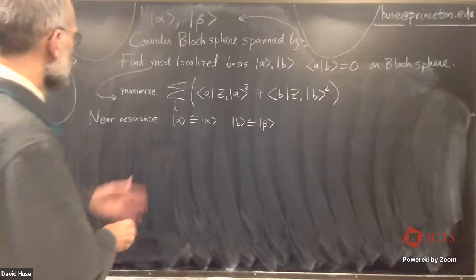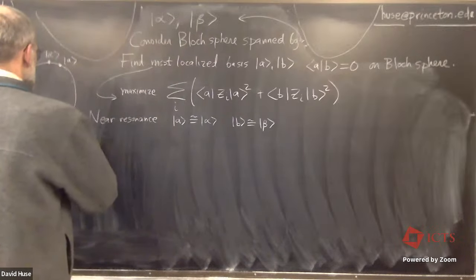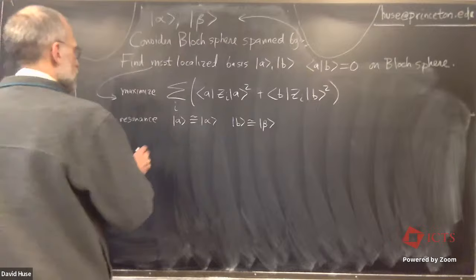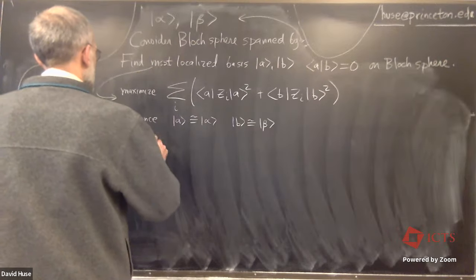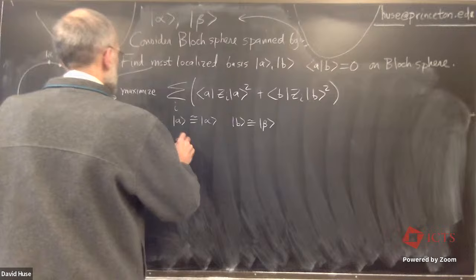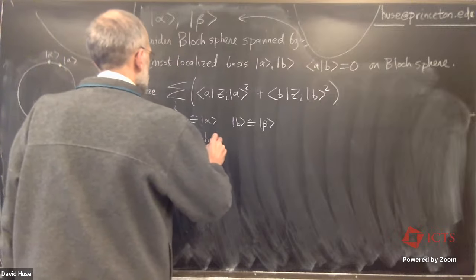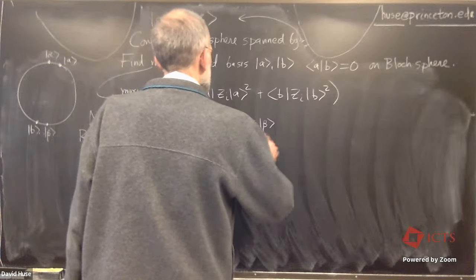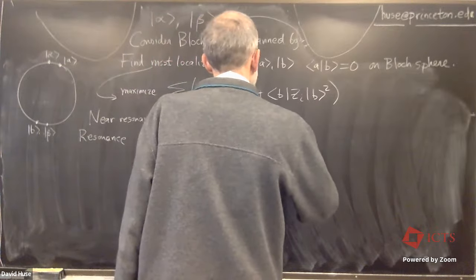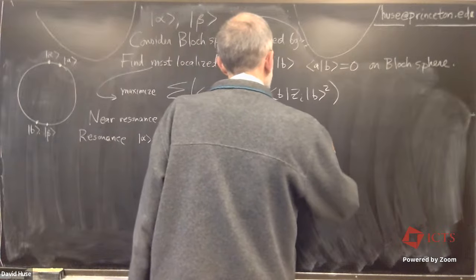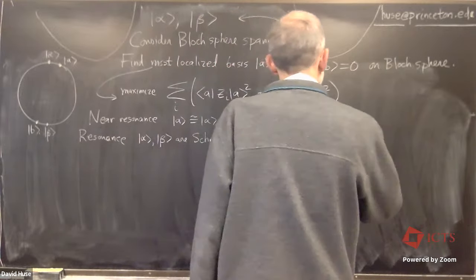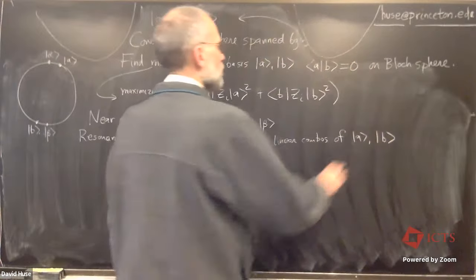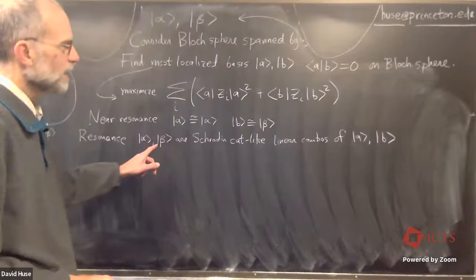Okay, so that's the near resonance, and then the resonance is the more interesting case. Resonance is when alpha and beta are Schrodinger cat like linear combinations of A and B. A and B are much more localized than alpha and beta.